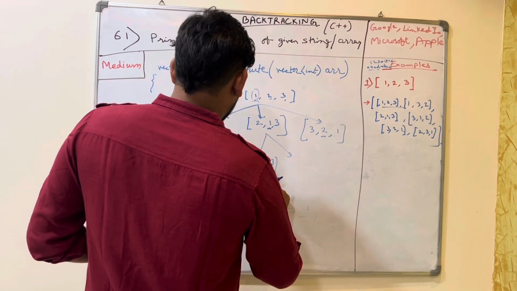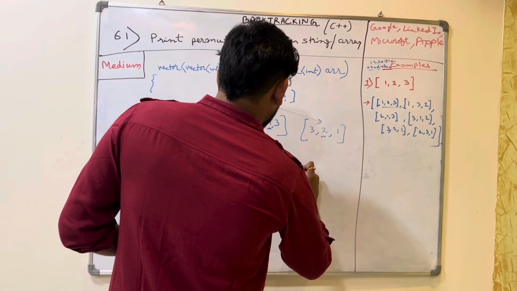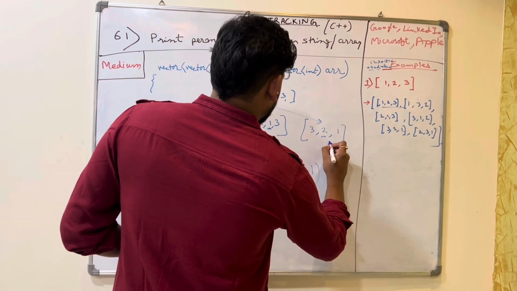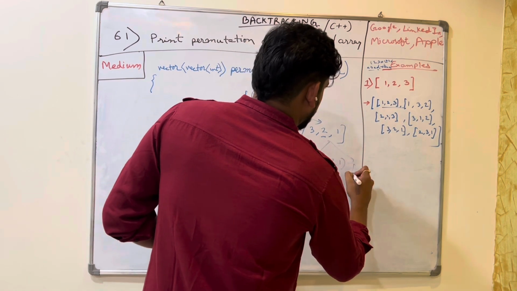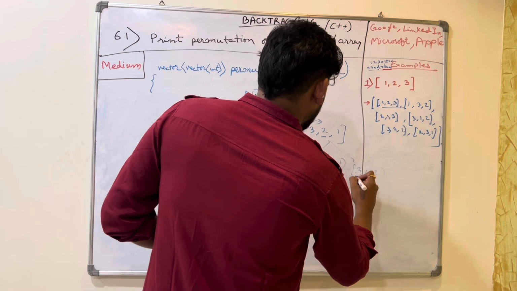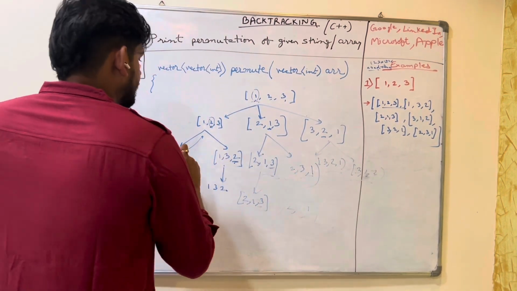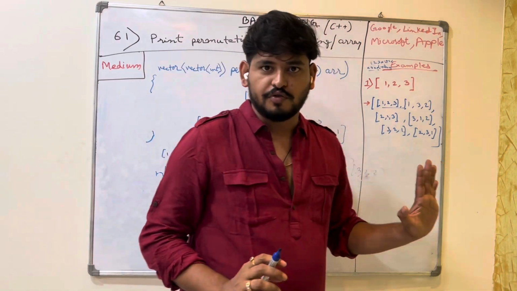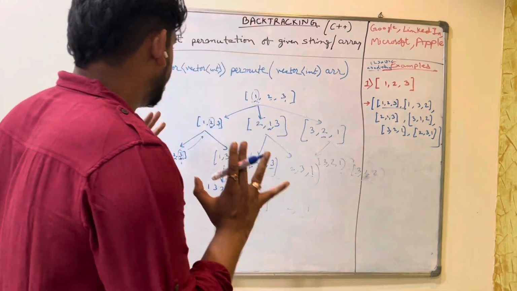This has reached over here, right? So here 1 will be swapped with 3, so it will be 3 comma 1. Similarly this will be swapped 3 comma 2 comma 1, and this will be swapped as 3 comma 1 comma 2. So this 1 2 3 4 5 6, this will be our 6 ways of permuting this array.